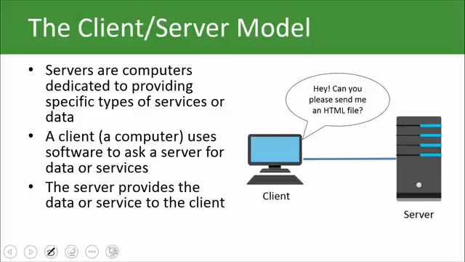A client, like your computer or your cell phone, is going to use special software to ask a server for data or those services. It's going to say, hey, can you please send me an HTML file? I would really enjoy that. And then the server provides the data or service to the client. This is really commonly used. You're probably using it right now, maybe to watch this video. Crazy, right?